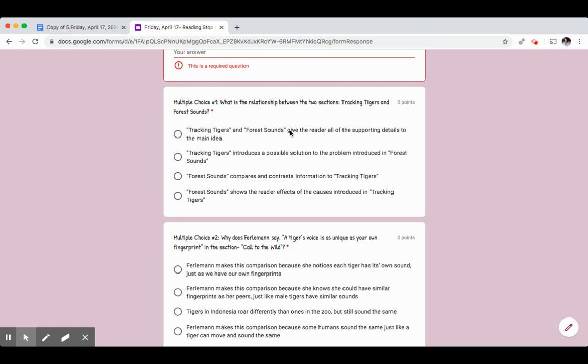And in tracking tigers, the author helps to develop and explain how and why cameras are used and are placed. So the answer choice that best matches this would be D. Forest sounds shows the reader effects of the causes introduced in tracking tigers.